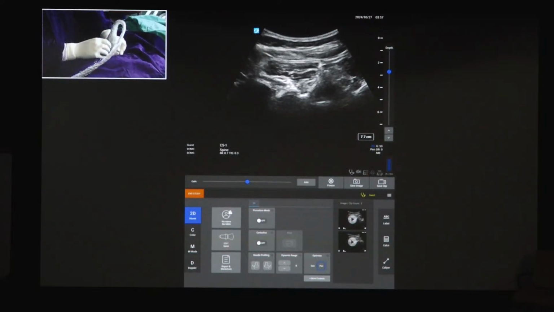This is an out-of-plane needling, so you may not see the whole length of the needle.